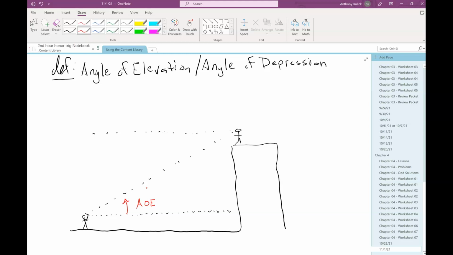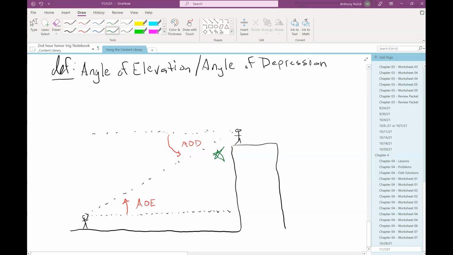Similarly, the person at the higher elevation, if they look down, they're lowering their line of sight to see the person below them. So that would be an angle of depression. The most common mistake that students make is they try to put the angle of depression here.